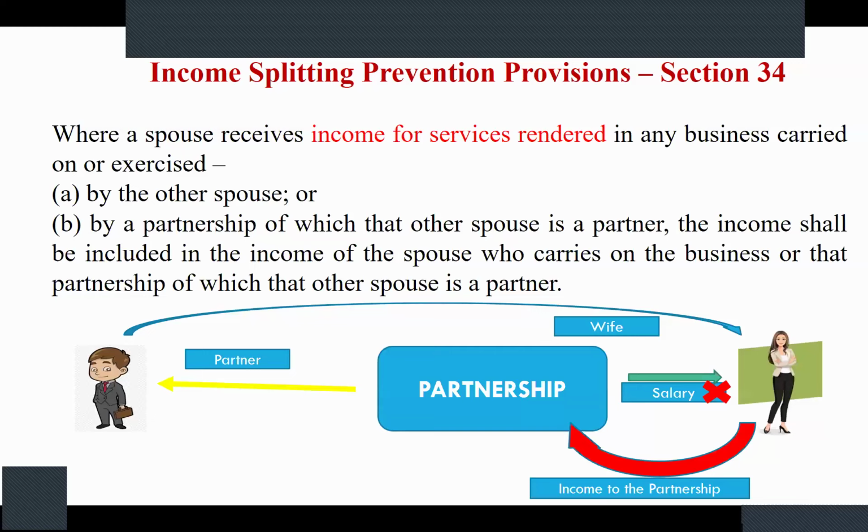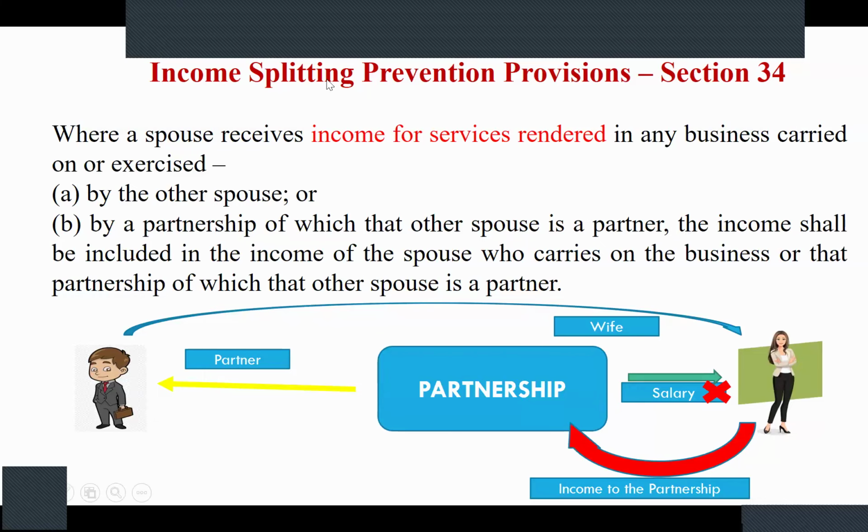In partnerships, there are some issues. What are the issues? Since a partnership is not a legal entity, sometimes husband, wife, and children are the partners of a partnership. It is obvious, because a husband can start a partnership with his wife.